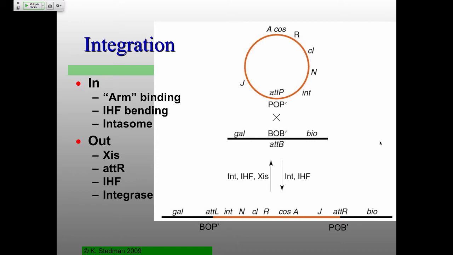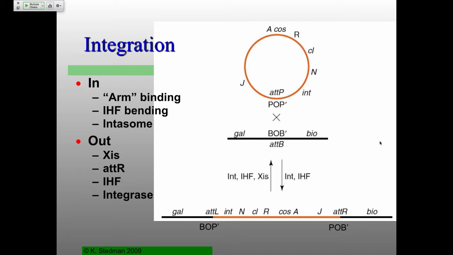What happens is the integrase binds to the attachment site, ATT, either on the phage genome, which is P, or in the bacterial genome, which is B. So at P and at B, those are two DNA sequences that the integrase is going to bind to.